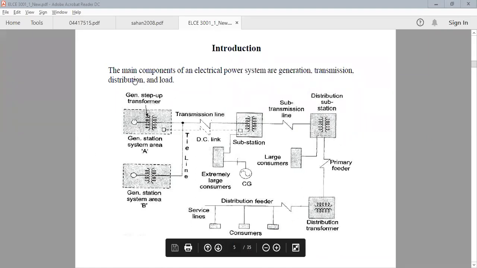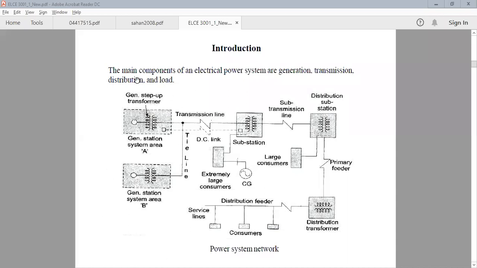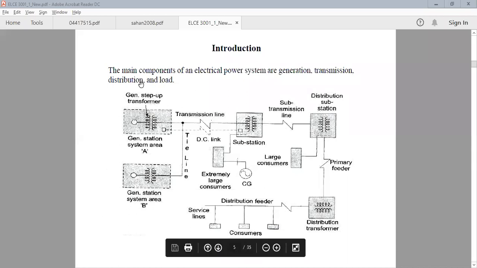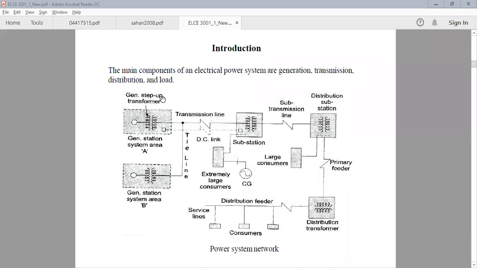First, we will start with the generation side. How many types of generation systems do we have? We call generation systems power systems or power energy sources.